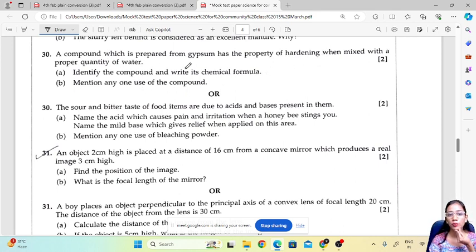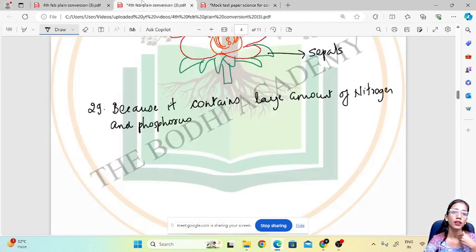A compound which is prepared from gypsum and it hardens after water is added. Okay, now what is this? This is plaster of Paris, and the formula is calcium sulfate hemihydrate.